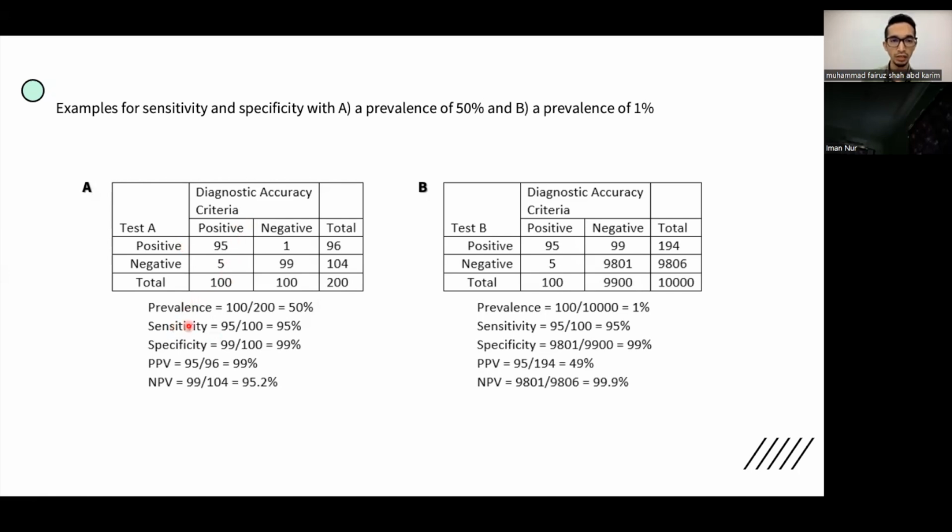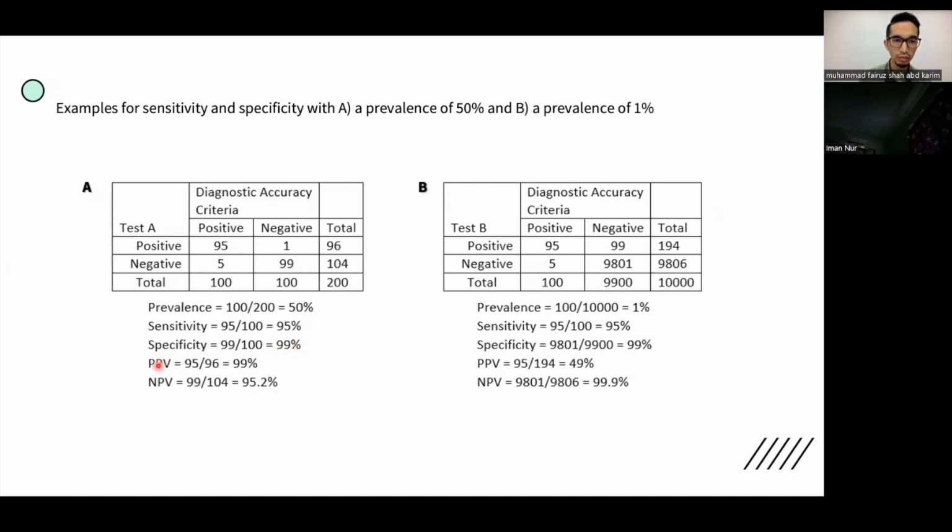So you calculate the sensitivity as 95 divided by the total with the disease, or total with the positive condition, and you get about 95%. Specificity means they tested negative and in real life don't have the disease. So 99 divided by 100, you get 99%. Looking at this sensitivity and specificity, this test, whatever the prediction model, is quite good because you get above 90% for both.